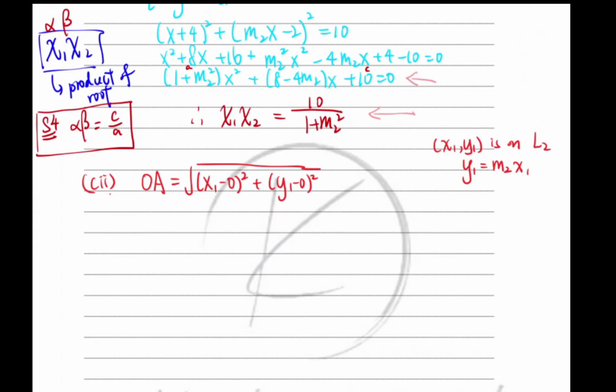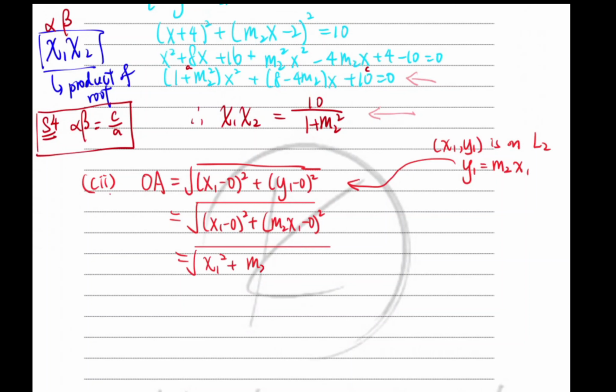So we can substitute back into the equation. Therefore, the equation becomes x1 minus 0 all square plus m2 x1 minus 0 all square. Simplify it, you get, by kicking out the 0, x1 square plus m2 square x1 square. Factorize out the x1 square, so you get 1 plus m2 square bracket x1 square.